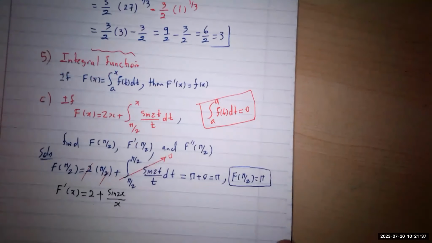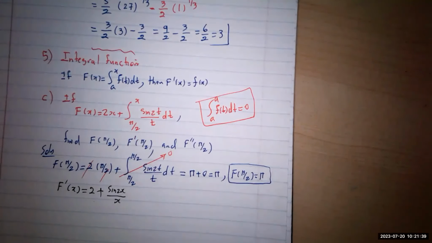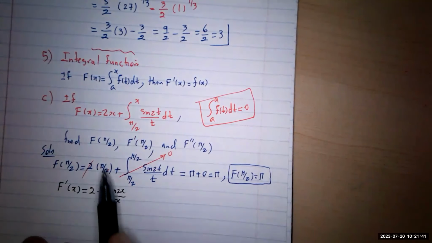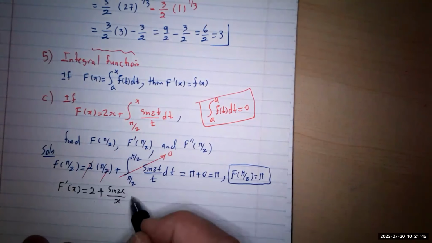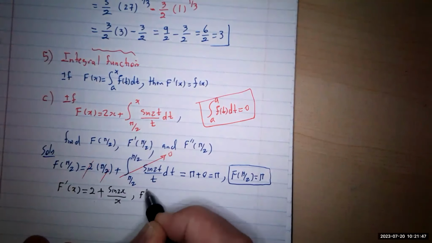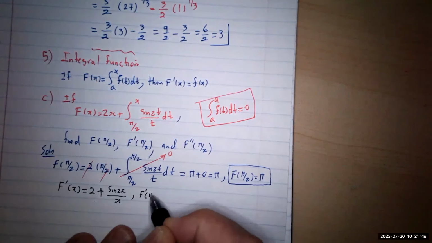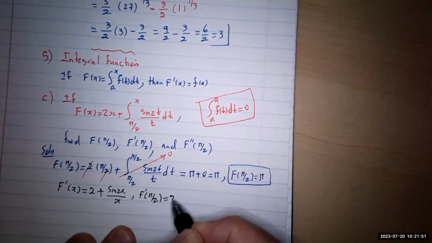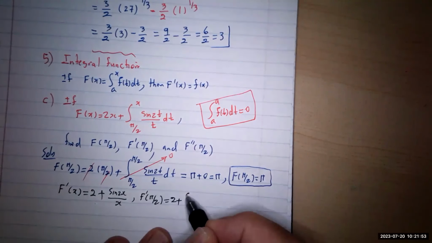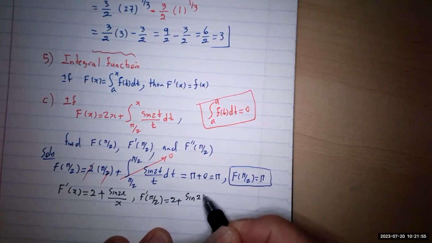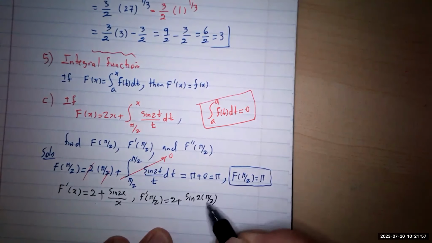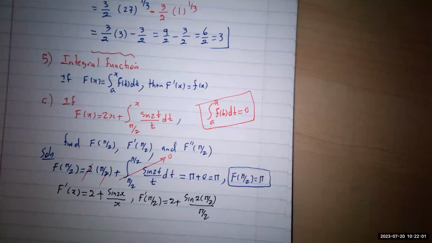No action, nothing else is needed for this part. But they ask you to find out f prime of pi half. They may switch the number, but in this case, the same number. Substitute. F prime of pi half is going to be equal to 2 plus sine of 2 times pi half, divided by pi half. Okay, 2 times pi half would be just pi.